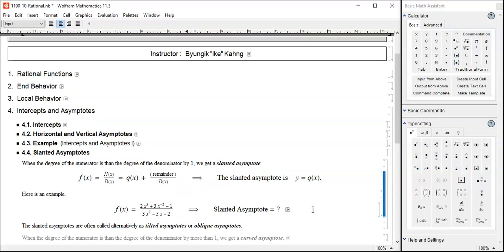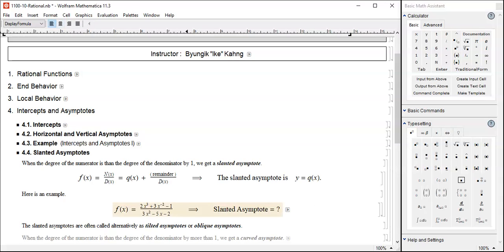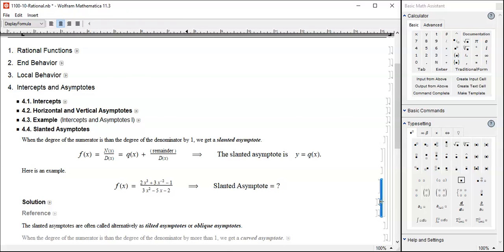Here's an example problem. We have a previous example problem here, 2x cubed plus x to the negative second power minus 1, like that. Okay, how do we work it out? Here's a solution.